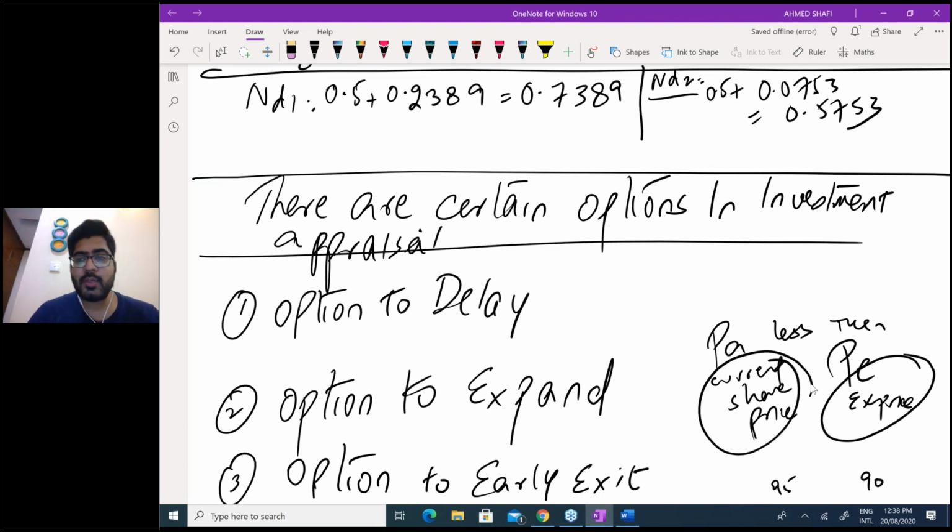What will people like you and me do? They will exercise at 90 and immediately sell in the market at 95 and get a $5 gain. So no one will allow you this. So obviously the exercise price will be more and the current share price will be less, so that if you immediately exercise, you don't gain.